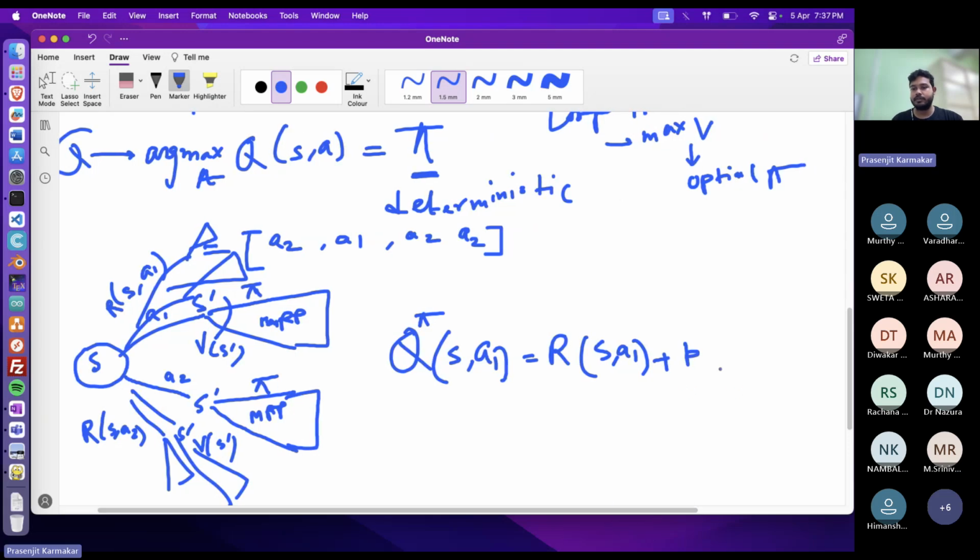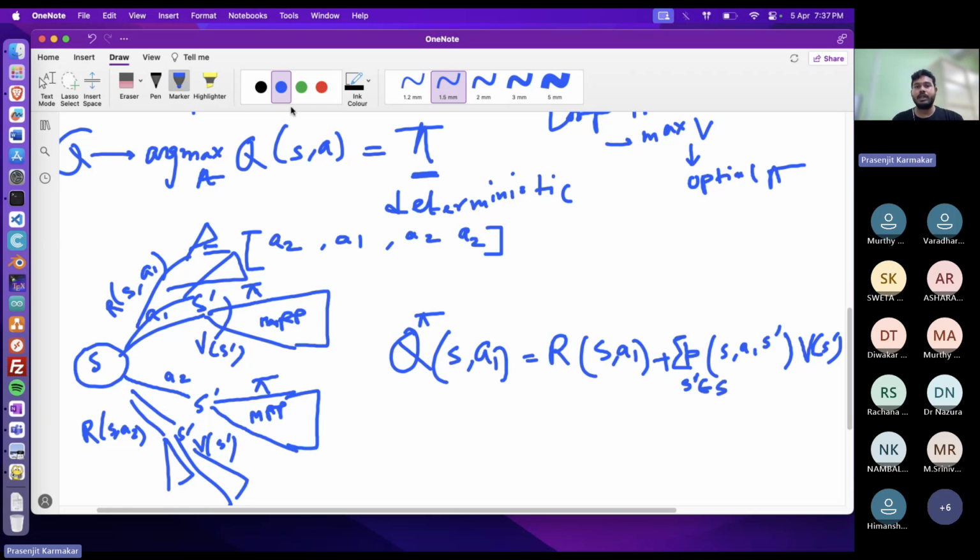P of SA1 S prime, right, times V of S prime, and you are taking it for all possible transitions. All possible transitions means you are transitioning through the possible S prime belonging to the set S of states.